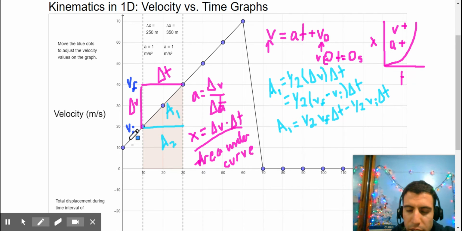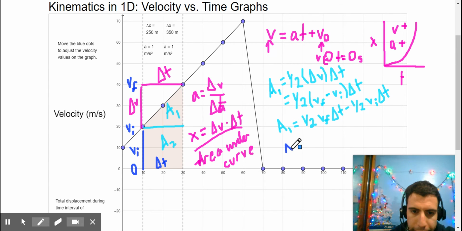It means that the top of my rectangle is going to be V initial, and the bottom of it has to be 0. In other words, this is actually not delta V, it's just V initial. So it starts off with my V initial, and my width, obviously, is still delta T. Okay, so I can go ahead and do that.